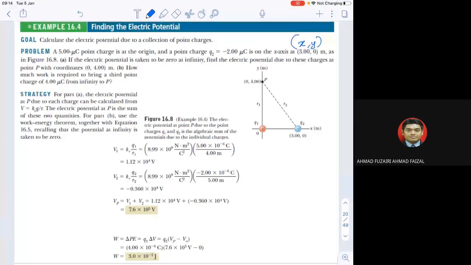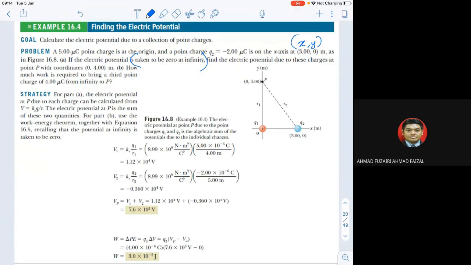So if it is taken to be zero at infinity, you cannot get anything else except zero at infinity for the electric potential. Find the electric potential due to these charges at point P with the coordinates of 0, 4 meters.